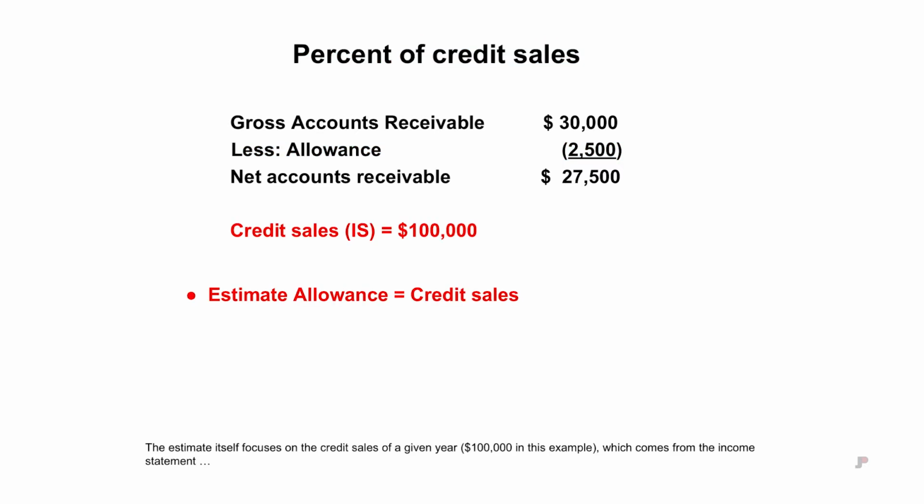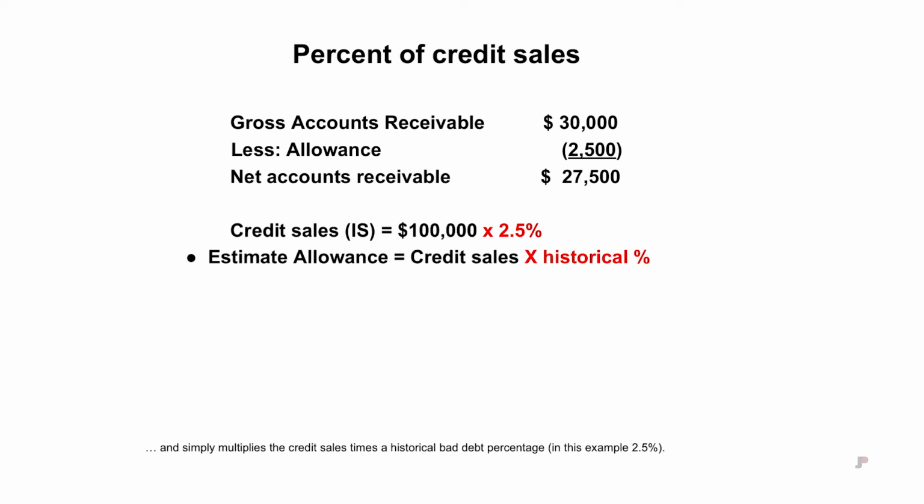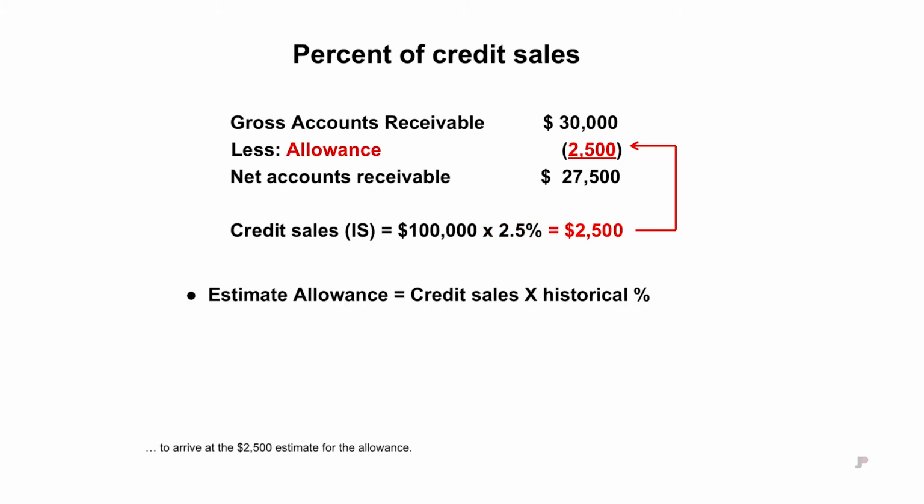The estimate itself focuses on the credit sales of a given year, $100,000 in this example, which comes from the income statement, and simply multiplies the credit sales times a historical bad debt percentage, in this example 2.5%. In other words, of the $100,000 in credit sales recorded this year, we estimate that 2.5% or $2,500 will not be collected, so $2,500 is the estimate for the allowance.